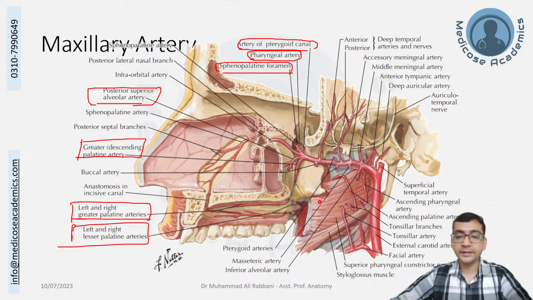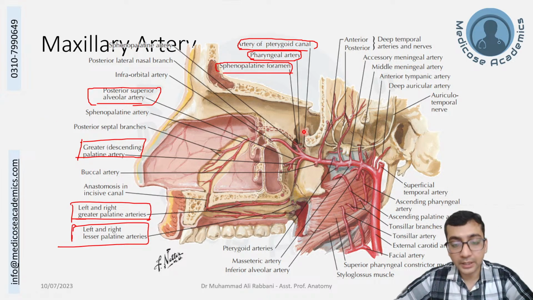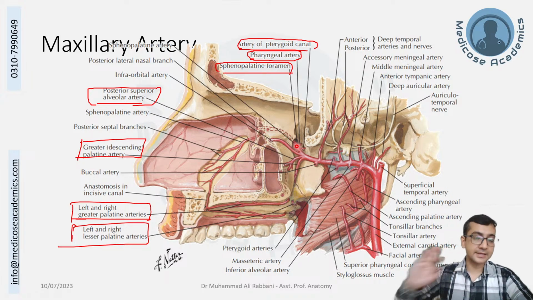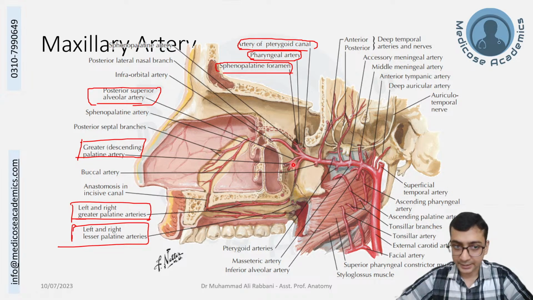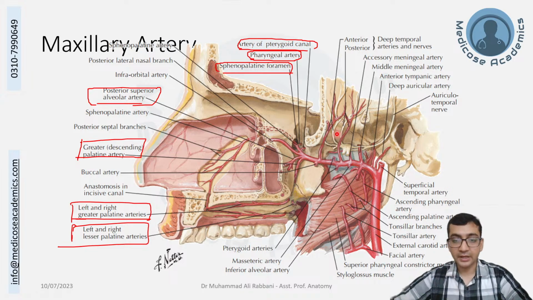This artery is a little different from the rest of the arteries because it does not exit from any foramen into the pterygopalatine fossa. It exits through the pterygomaxillary fissure on the lateral aspects and enters the infratemporal fossa. So this is the artery, the posterior superior alveolar artery, that you will read as the content of the infratemporal fossa. It will exit the pterygomaxillary fissure.